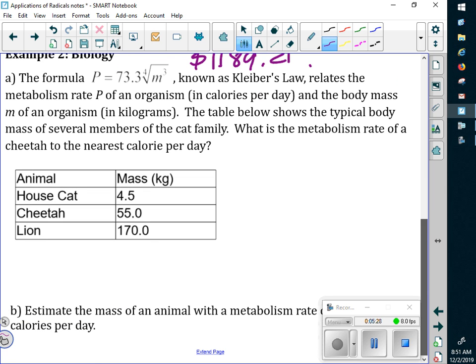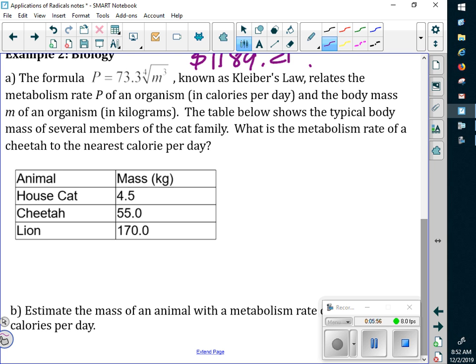Let's go to biology. What's wrong with biology? Everything. Okay. This is a biology formula. Kleber's law. The formula P equals 73.3 times the fourth root of m cubed. Known as Kleber's law, relates the metabolism rate.